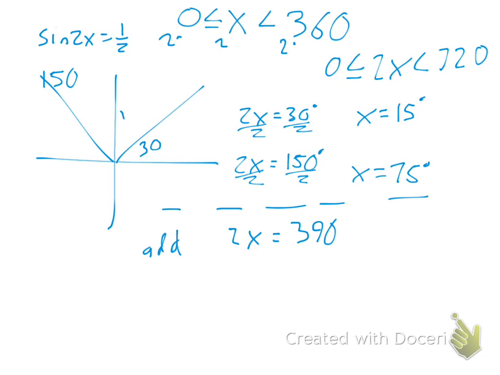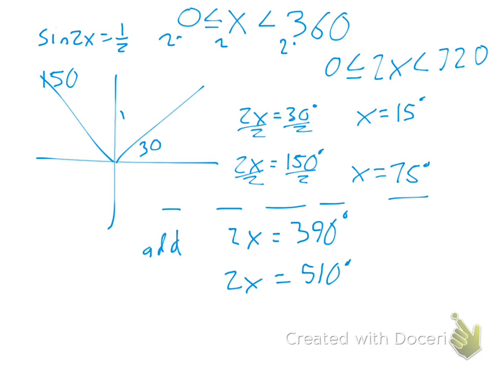Is that number, 390, between 0 and 720? Yeah. Okay. What about 150? Couldn't I start at 150 and add 360 to go around that circle? Mm-hmm. And that means 2x is equal to 510 degrees.